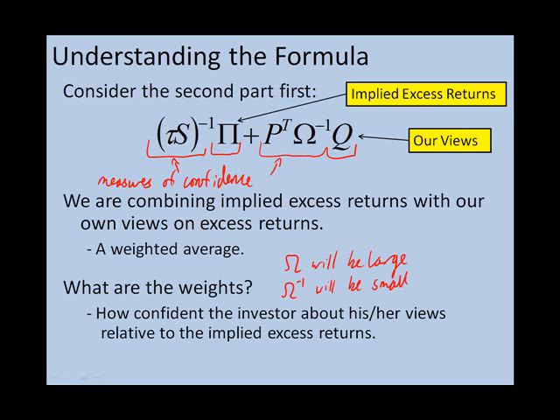When we calculate the expected excess returns, that means the analyst's predictions will only make a very small contribution to the expected excess returns, which is what we want because we aren't confident about the analyst's views. So the second part of this formula is just a weighted average, combining implied equilibrium excess returns with our views.